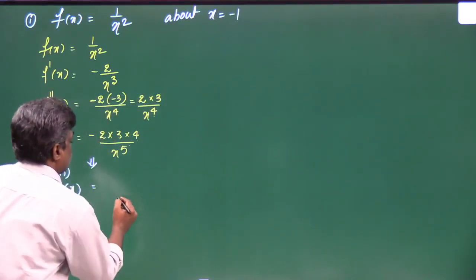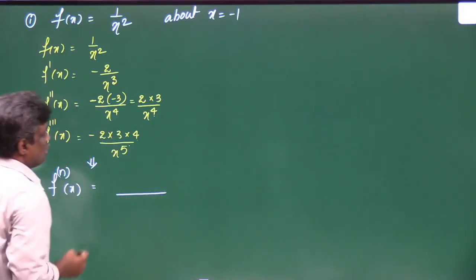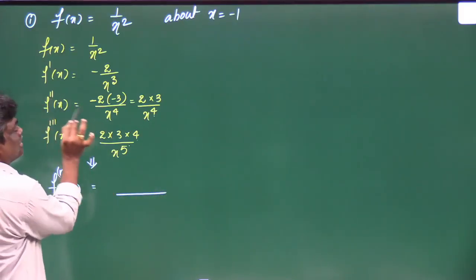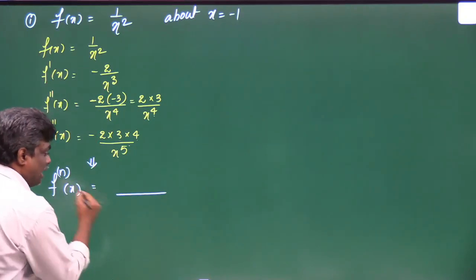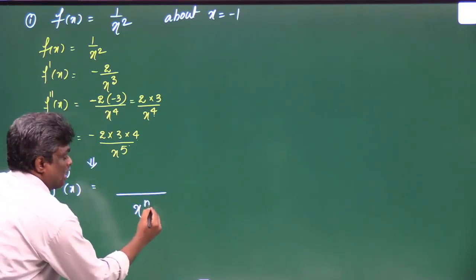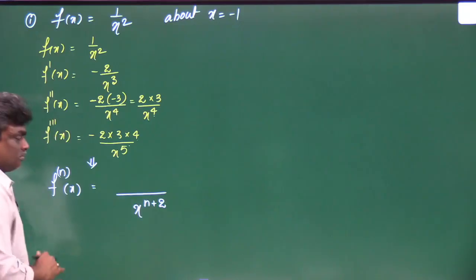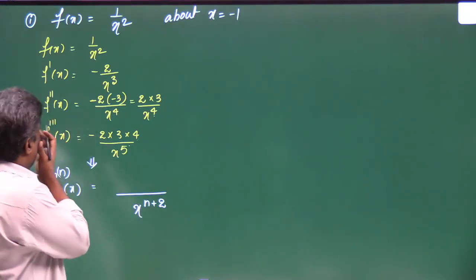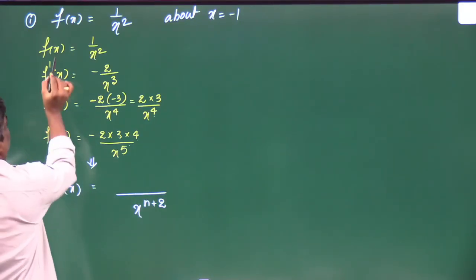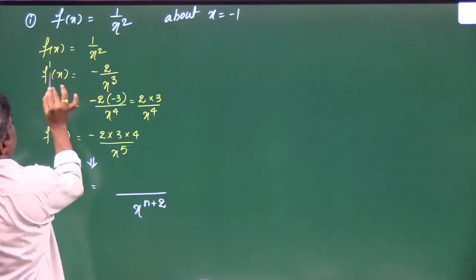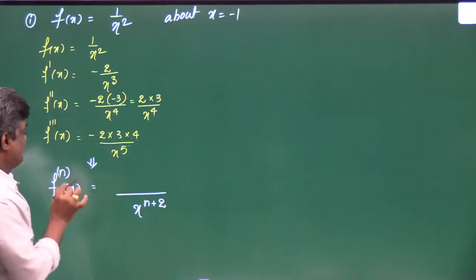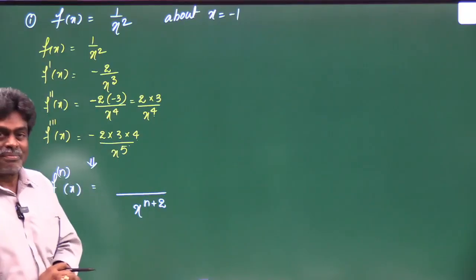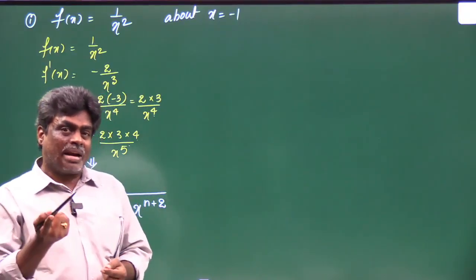Now ready. First see the denominator. Third derivative x power 5, second derivative x power 4, first derivative x cube. That's why nth derivative is x power n plus 2. That's clear. After that, see the signs: first derivative minus, second derivative plus, third derivative minus.